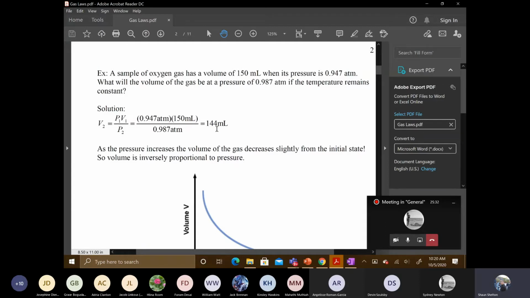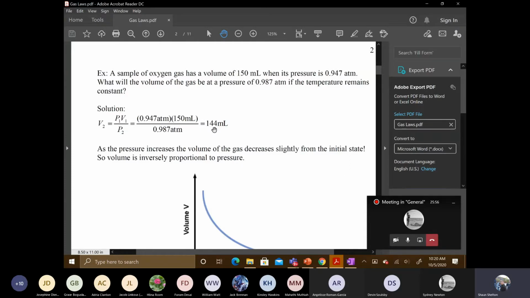Now, one other detail here is significant figures. There should be a decimal place right beside the 150 milliliter mark here. So it should be 150 with a decimal place. And that makes a difference, because without the decimal place, this would be 2 sig figs, and this answer would not be correct because it needs to be 2 sig figs.